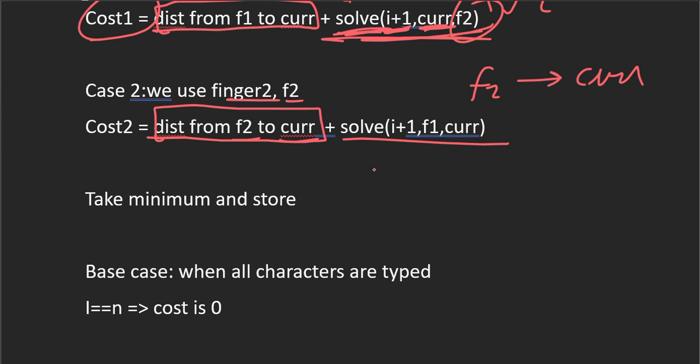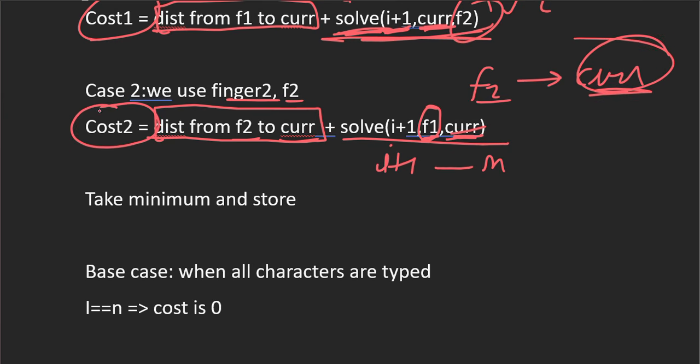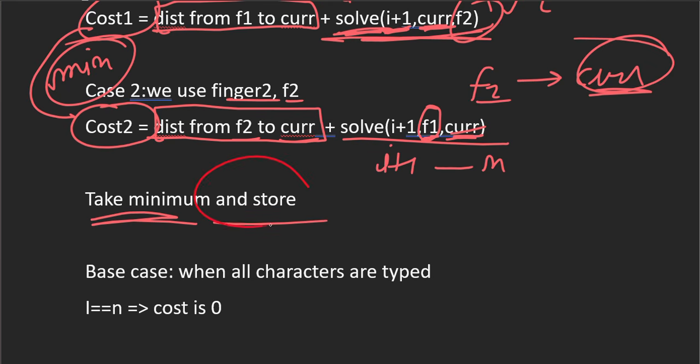And again the same thing, like we have to find the cost to type all the rest of the characters from I plus 1 to n, and our finger 1 is at F1 and we have shifted our finger 2 to current. So this will give us cost 2. So what we do is we'll take the minimum of these two and then we'll store our answer, right?